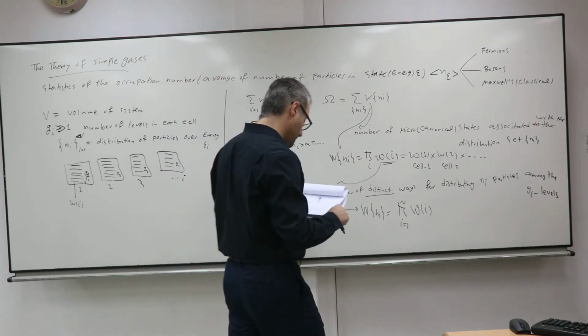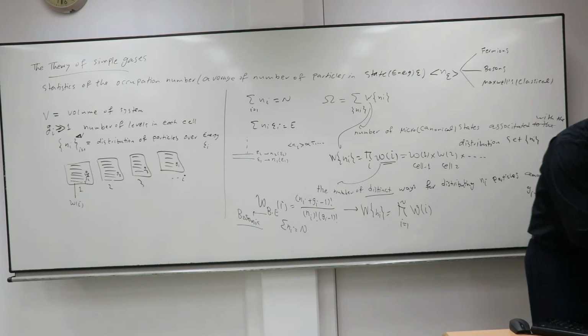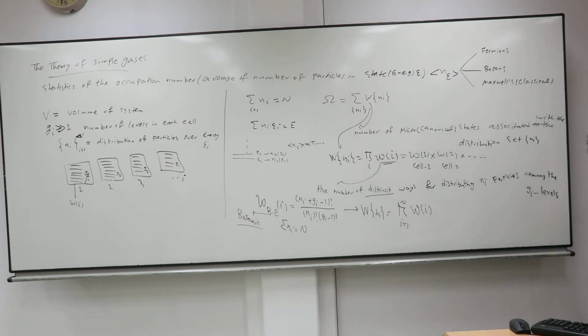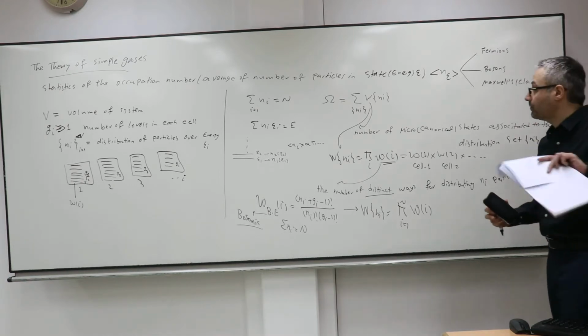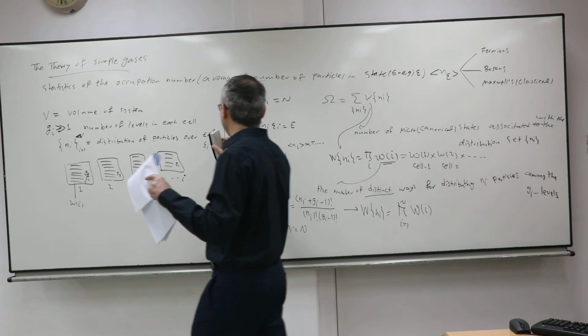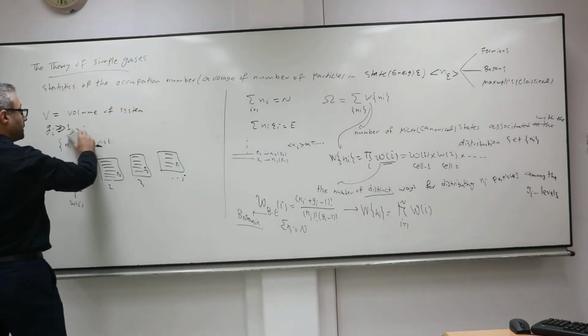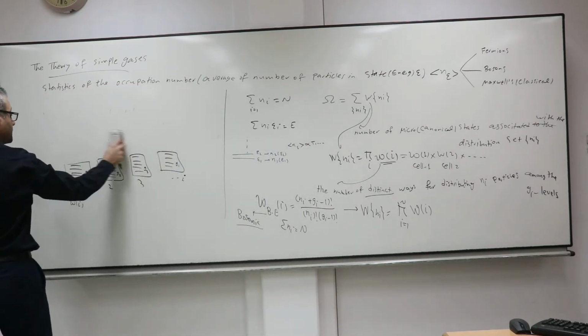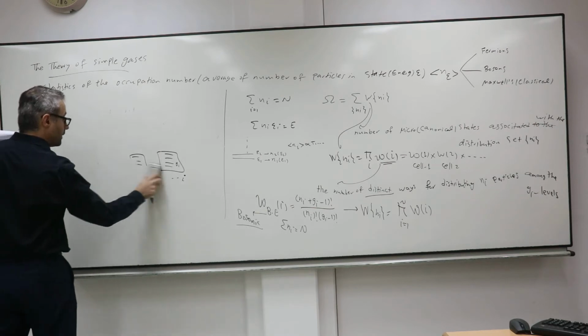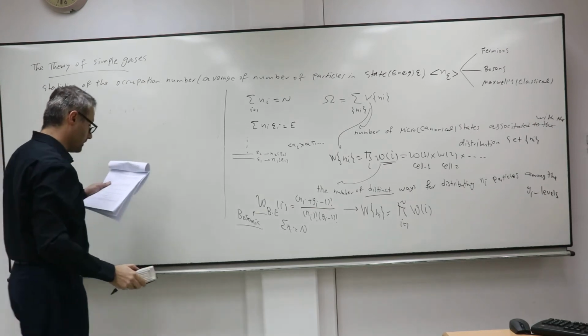So the next step, you can do that for the fermions. For the fermions, as you know, each energy level cannot be occupied by more than one particle. If there are two particles, they should have a different spin or other quantity, mainly the spin.